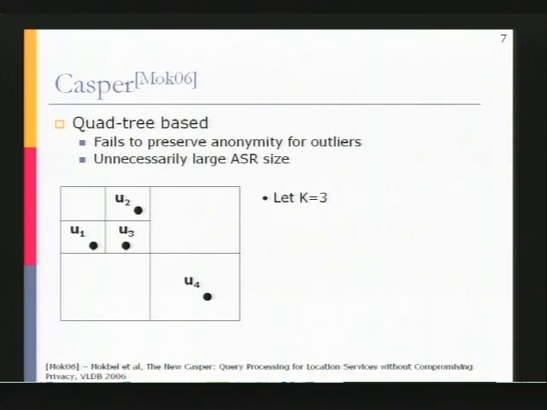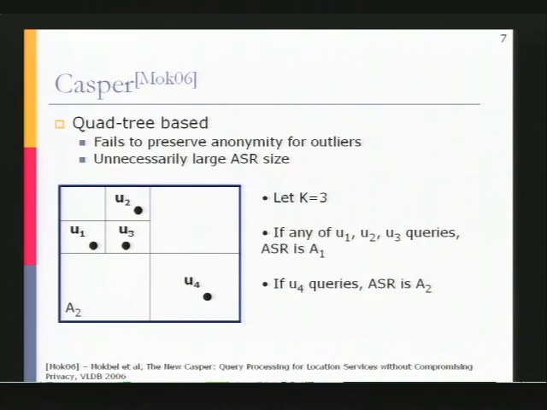And let's assume that any of u1, u2, or u3 issues a query. According to the algorithm that we have just described, the cloaked region obtained will be A1, the red rectangle. Now, if a query is issued by u4 with the same parameter k, we will obtain the A2 region, which is obviously larger.